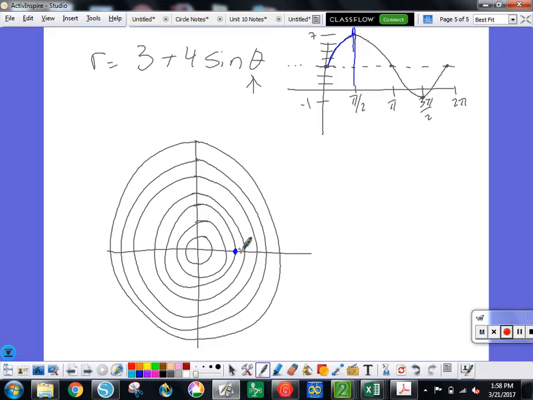So I kind of like to do the starting point and the other point, and then I look up at my information. Notice as the angles get larger, what's happening to the radii? They are getting larger as well, correct? So notice hence why I went from 3 to 7, because of the fact that it is getting larger. And I'm just sketching this. Okay? You with me?